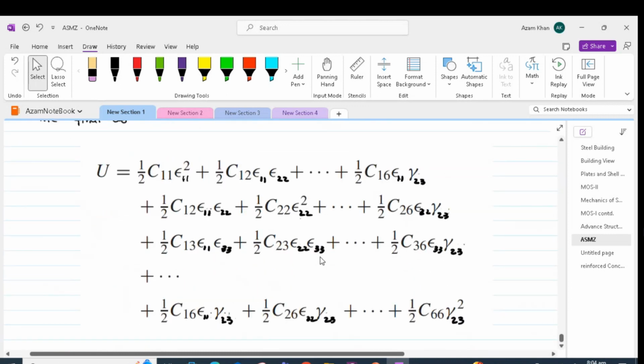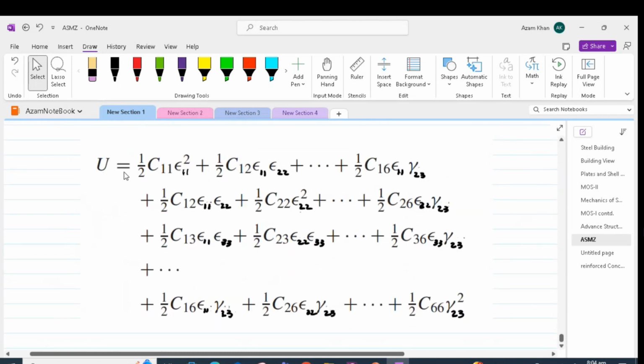And finally, we will obtain a strain energy equation which will look like this. It states that strain energy is equal to half C11 epsilon 11 square plus half C12 epsilon 11 epsilon 22 plus so on and so forth till half C16 epsilon 11 gamma 23. Then plus half C12 epsilon 11 epsilon 22 plus half C22 epsilon 22 square plus and so on and so forth till C26.